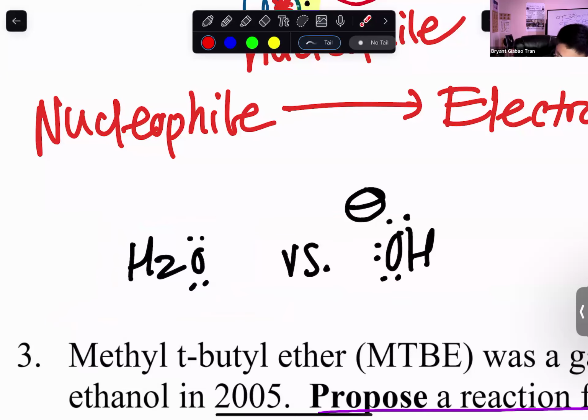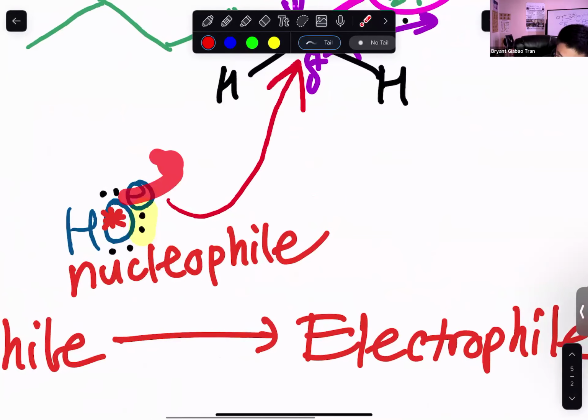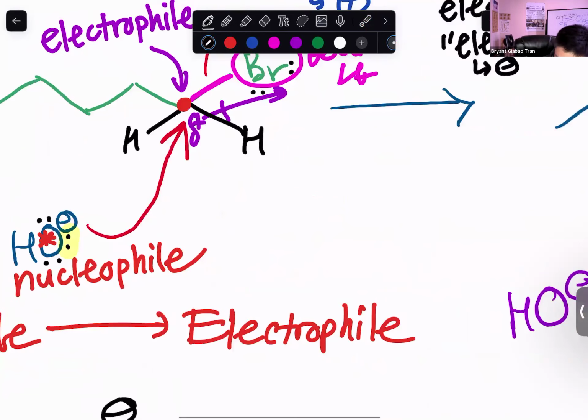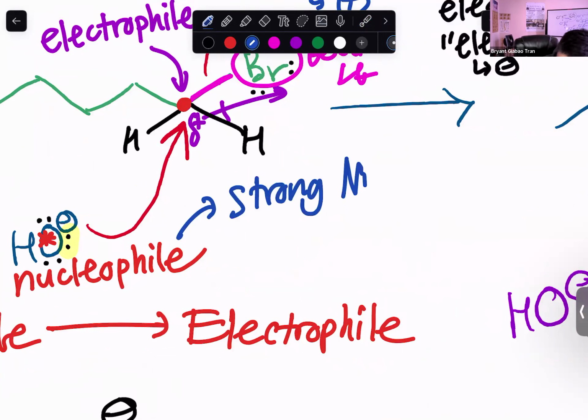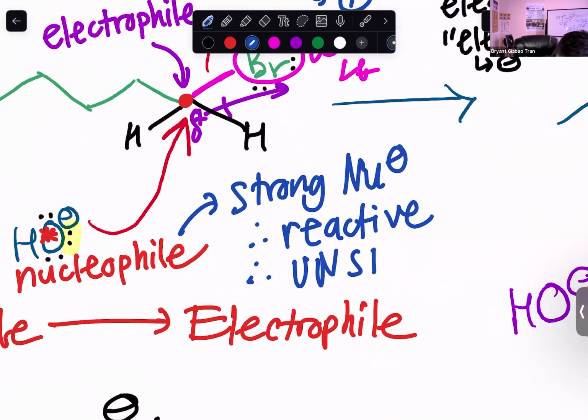Right. Another way you can think about it is that nucleophiles are unstable with a negative. What makes a great nucleophile is that they have to be unstable and reactive. Right. Strong nucleophile is reactive and unstable.